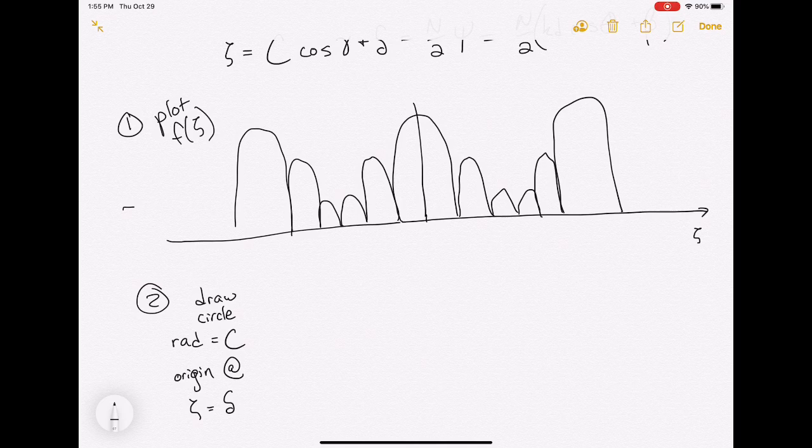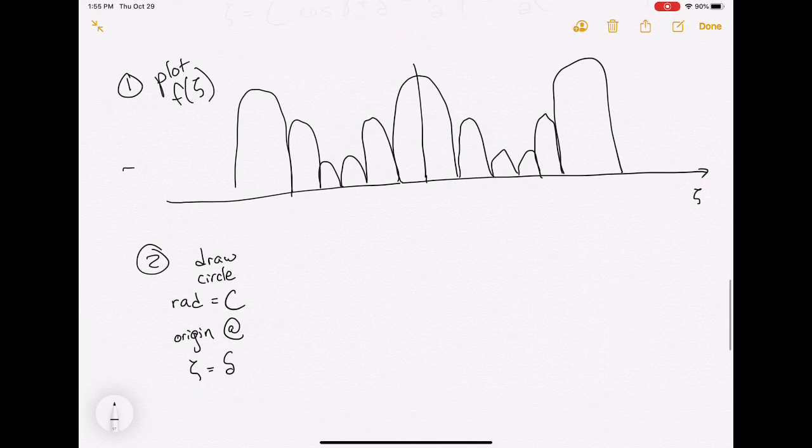So if we just kind of arbitrarily pick some values for that, let's say that delta is this much. So we'll draw the circle there, and we will choose its radius to be that big.